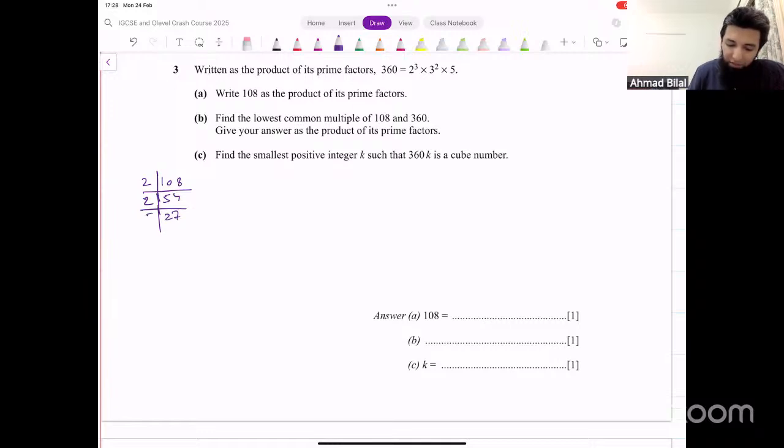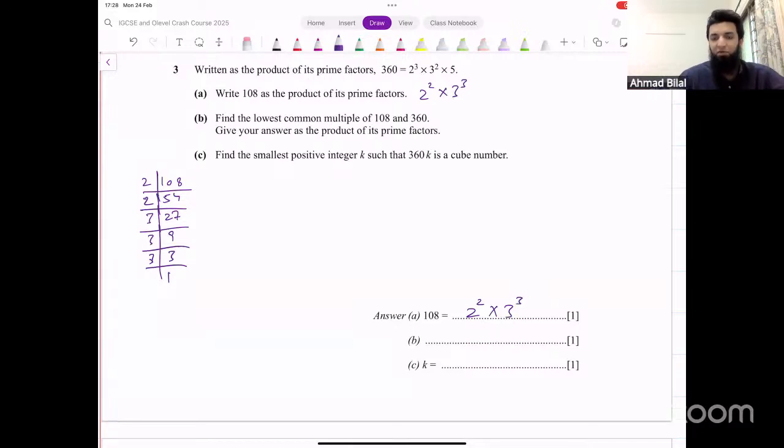Now you can divide by 3. That gives you 9, and then 3 again, and then 3 again. So this prime factorization for 108 would be 2 squared times 3 cubed. Right? You can write that here, that this is 2 squared times 3 cubed. 27 times 4, that's 108.